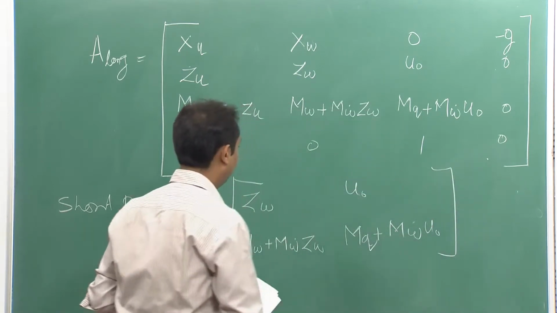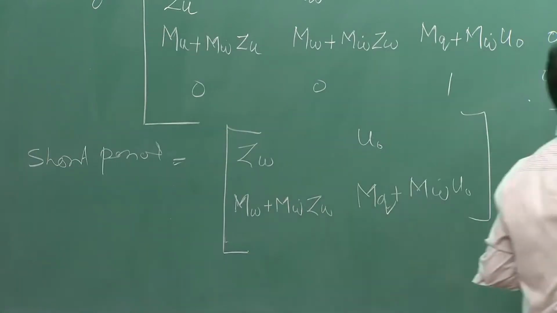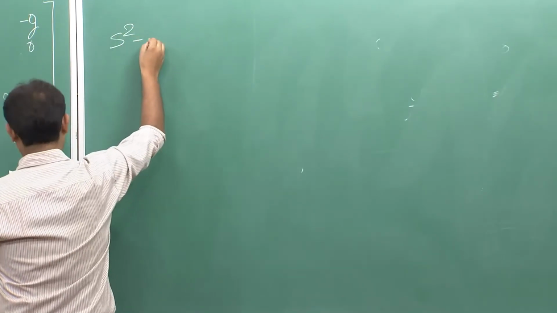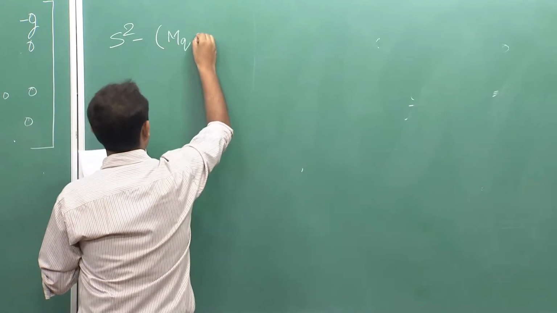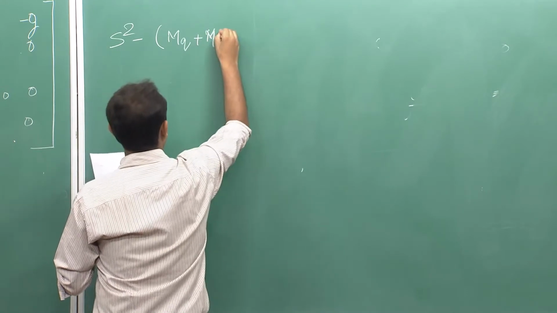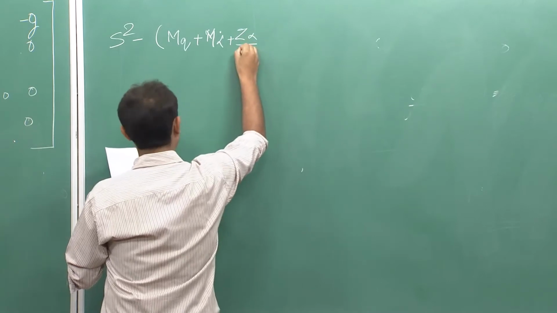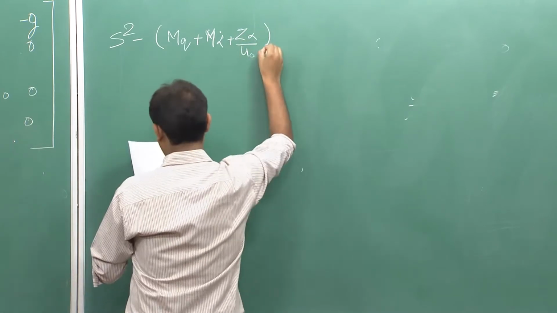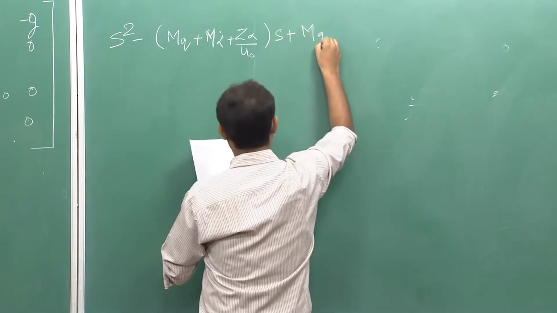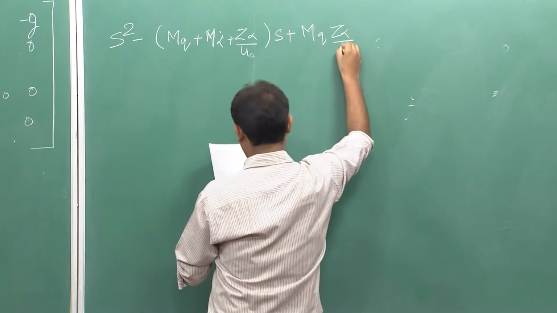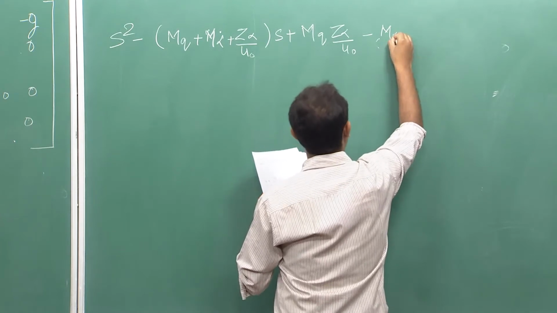Similarly, the characteristic equation for this short period mode will be S square minus MQ plus M alpha dot plus Z alpha upon U naught, S, plus MQ Z alpha upon U naught minus M alpha.